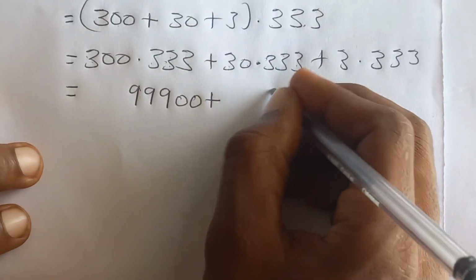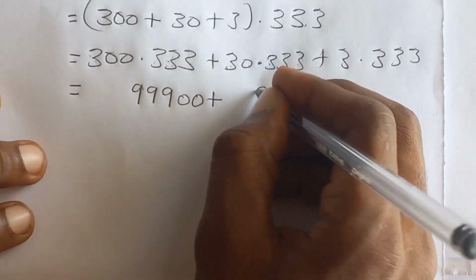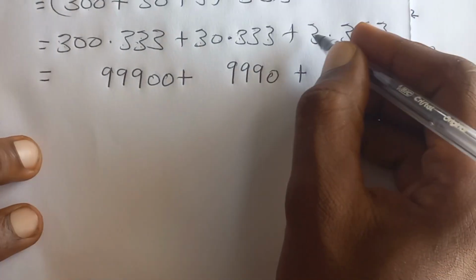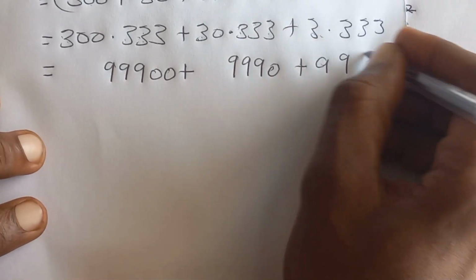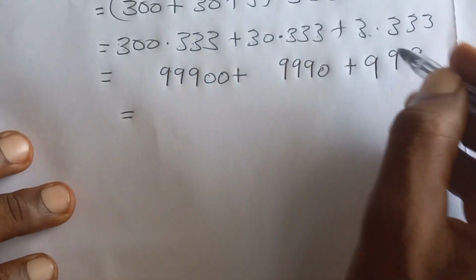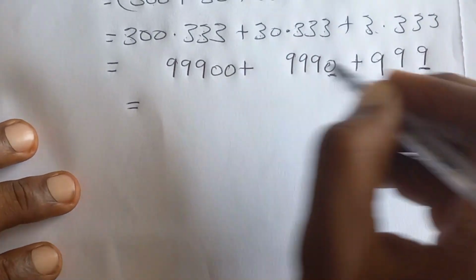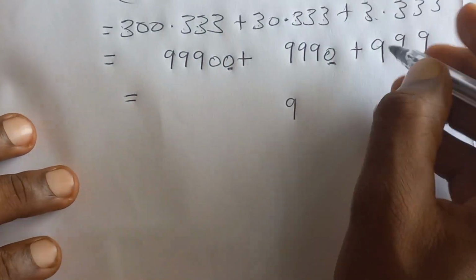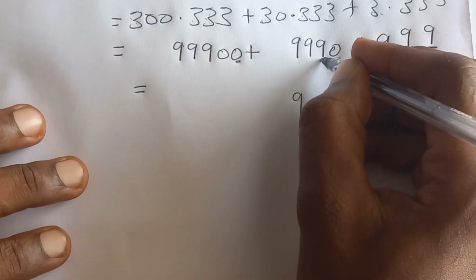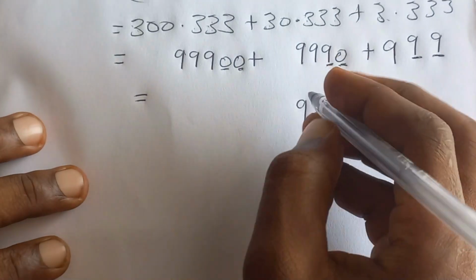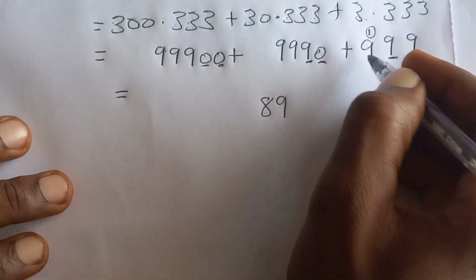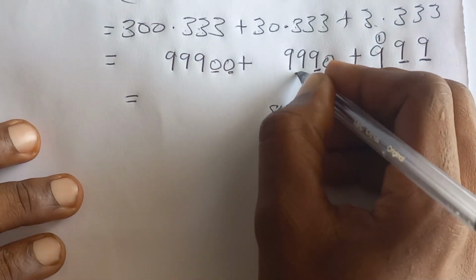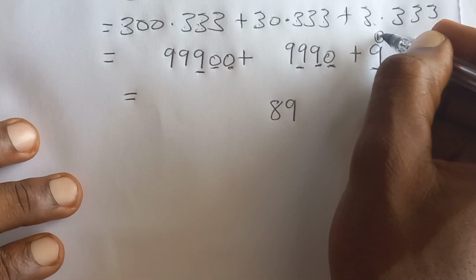So let's put everything together. 9 plus 0 plus 0, we are getting 9. 9 plus 9, which is 18, plus 0, so we put 8 and carry 1. Then 9 plus 9 is 18, plus 9 is 27, plus 1 is 28.